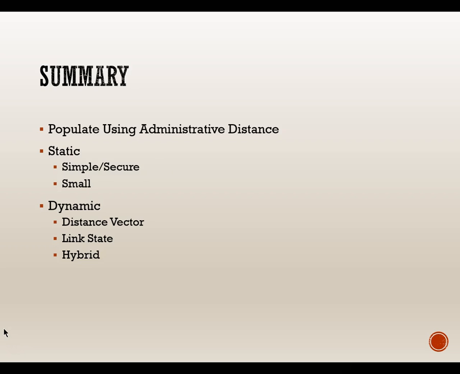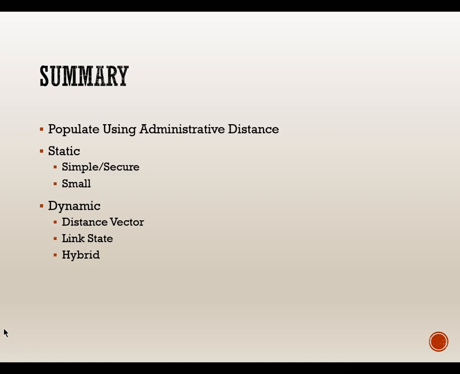So what we talked about here, we populate using the administrative distance. Each of the routing protocols has its own method of sharing the route information. The one that gets displayed is the one with the best administrative distance.